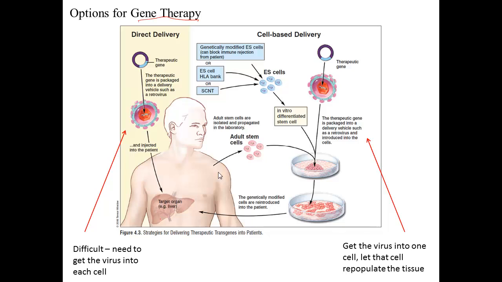The idea with stem cells is that if we could take fibroblasts, skin fibroblasts, convert them to iPS cells, and incorporate a corrected copy of a particular gene into a single embryonic stem cell, then that could be propagated as long as we kept track of which cells had the corrected gene or not.